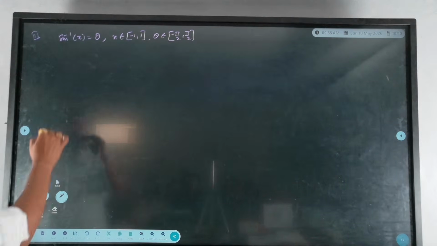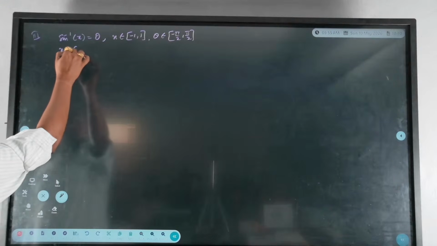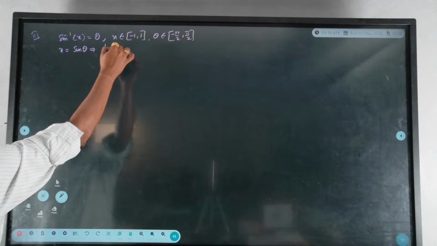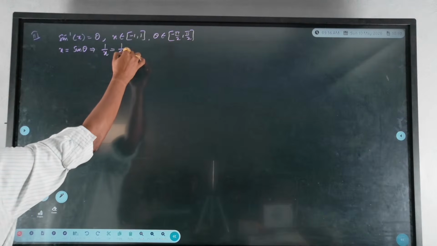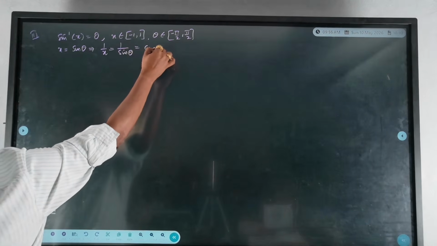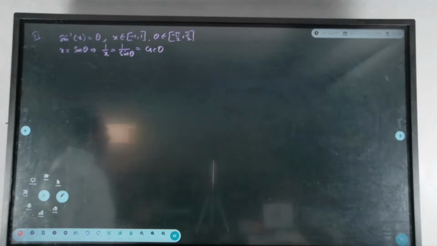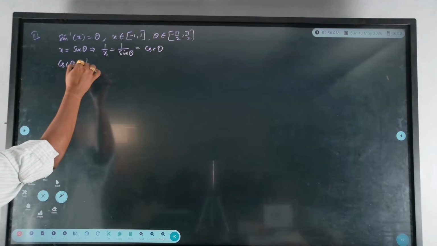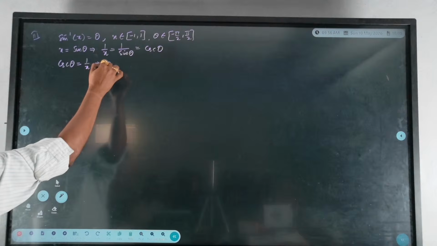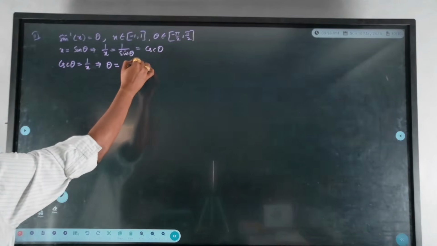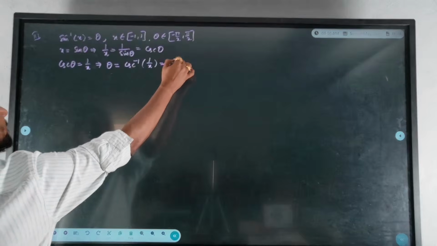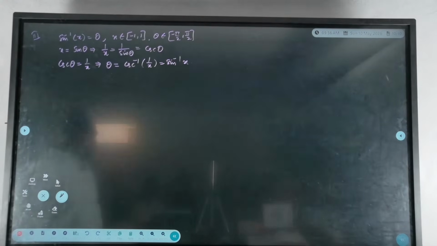Right? So here x is equal to sine theta. Then 1 by x is equal to 1 by sine theta, that is equal to cosecant theta. So cosecant theta is equal to 1 by x. Then theta is equal to cosecant inverse 1 by x, that is sine inverse x.